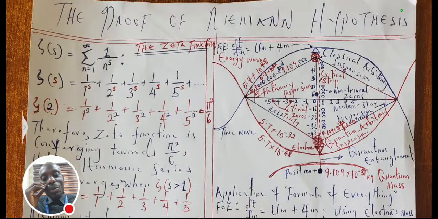Now, what I use in solving this particular problem is known as the formula of everything. The formula of everything is actually derived to unify quantum mechanics with classical mechanics.